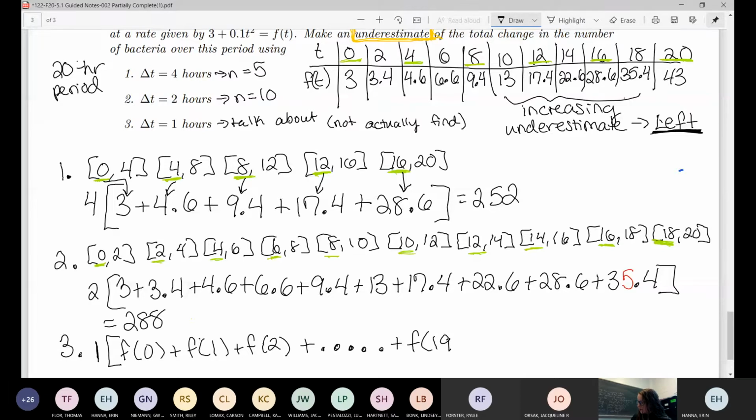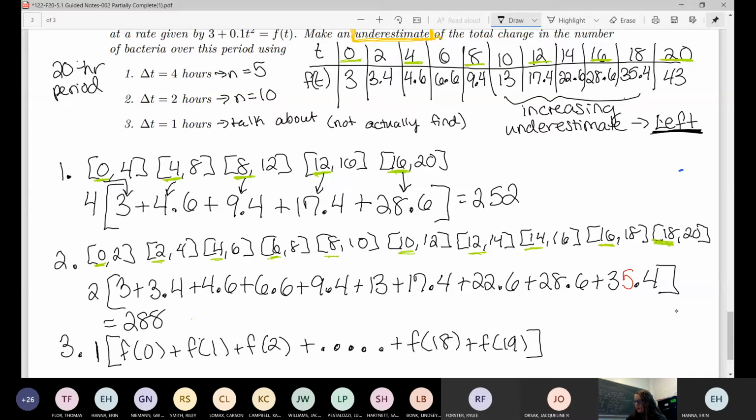So let me write the last two terms, f of 18 plus f of 19. And we stop at 19 because, again, we have the 20 intervals, but the left-hand endpoint of the last interval would be 19. So we stop at f of 19. So we would need to find all of those values that we didn't have already and plug them in.